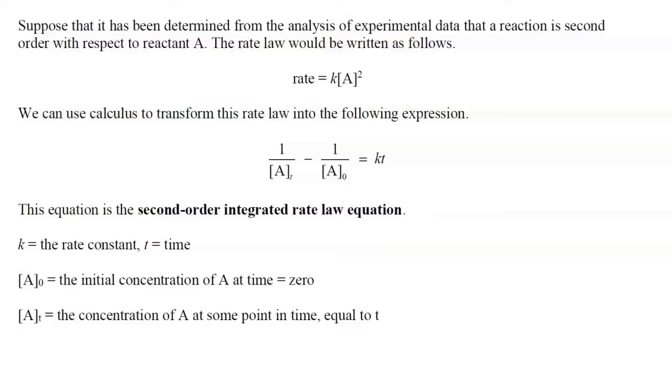This equation is known as the second order integrated rate law equation, where k is equal to the rate constant, t equals time, and the concentration of A subscript 0 is the initial concentration of A at time equals 0, and the concentration of A subscript t is equal to the concentration of A at some point in time equal to t.